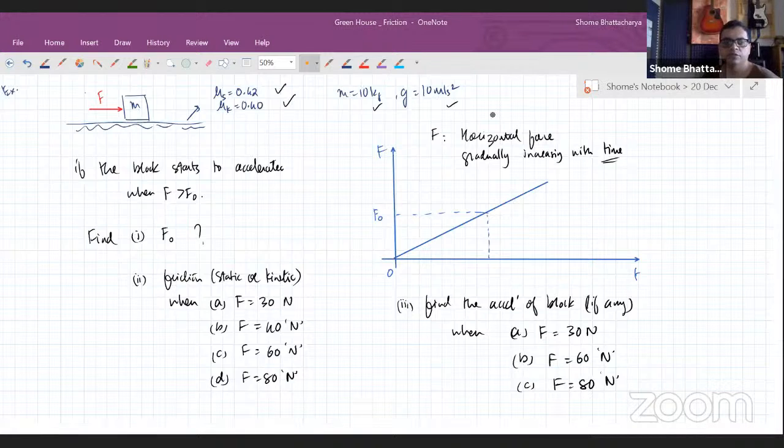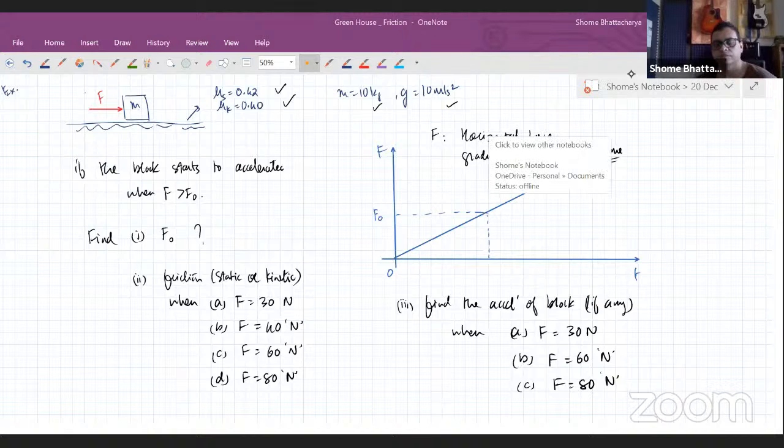Okay, so anybody got the first part's answer? What is this maximum value of force before slipping starts? Yes, that's correct, Yash. Very good.